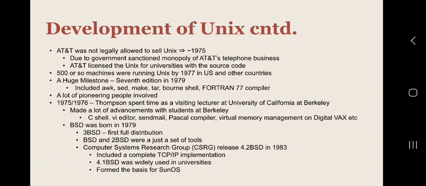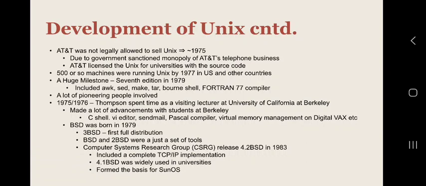It also had the Bourne shell, which made the birth of the shell programming concept, and also the Fortran 77 compiler. A lot of pioneering people got involved in the Unix operating system because it had such an impact on the computing industry.